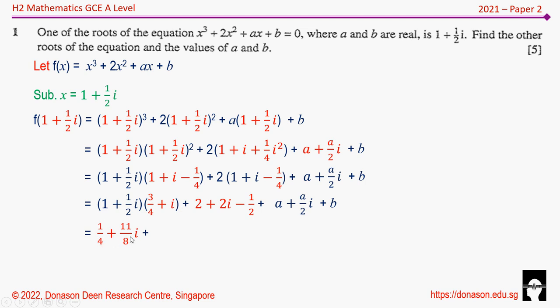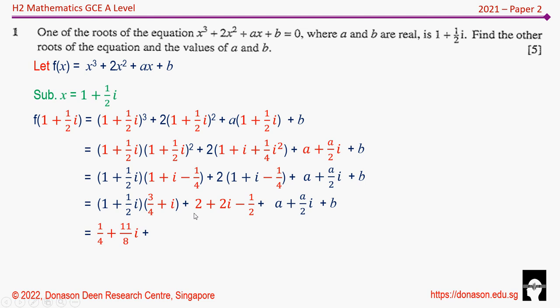Then for the complex part, 1 times i is simply i, and 3 quarter times half i becomes 3 over 8 i. To 3 over 8 i, if you add 1 i, which you can consider as 8 over 8 i, it combines to 8 plus 3, that's 11 over 8 i. So you can do it slowly if you wish.